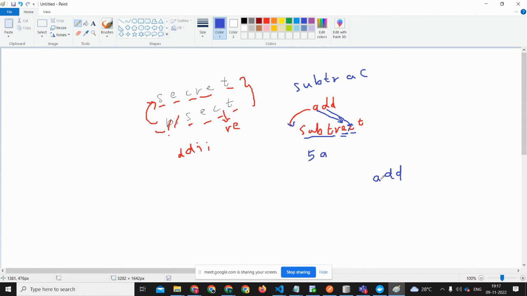So we have A here, and so I'm going to insert so many things: S U B T R A, and instead of D, we are replacing D with C, another D with T. So how many operations have gone? 1, 2, 3, 4, 5, 6, 7. 7 operations are required.